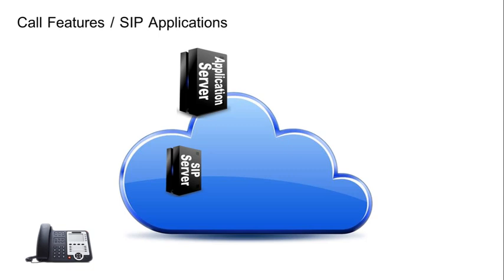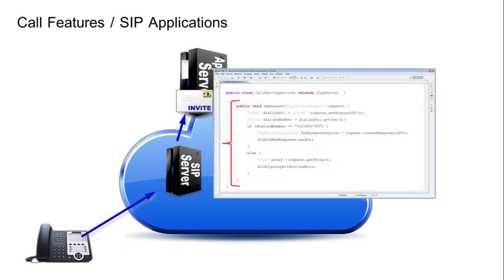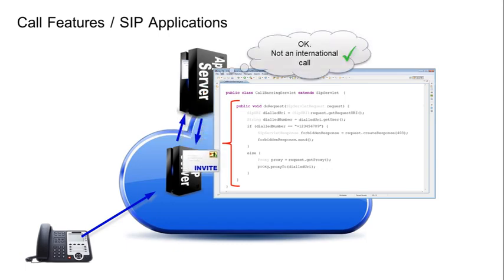I think of SIP-AS applications as pluggable components that we upload and deploy on the application server. Then, as I said, when a request arrives, the application server invokes the application and executes all the application's instructions that tell it what to do.